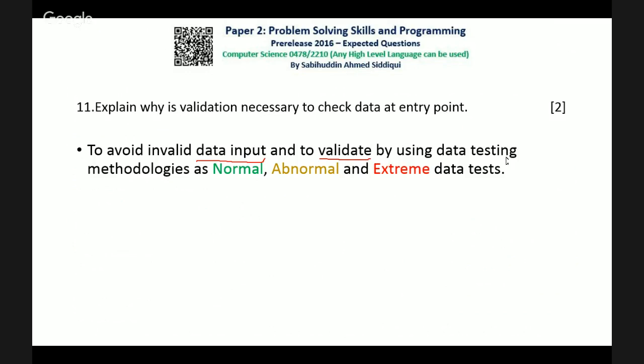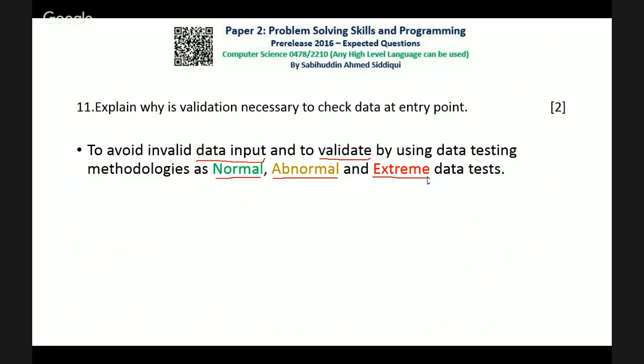By using data testing methodologies. What are data testing methodologies? Normal data, that means numbers for a number field, and you cannot type characters in numbers, as this becomes abnormal. Special characters are something which is not expected. And extreme means out-of-range data. That means if the range starts at 0, you are entering -1.